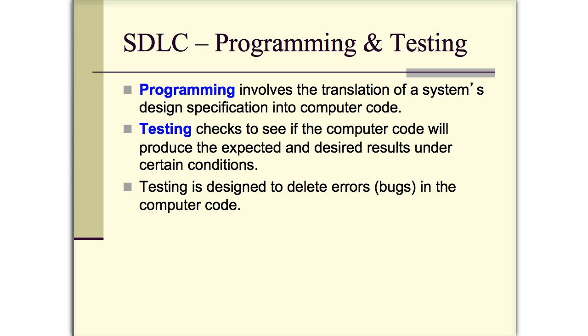You should definitely do testing at the very end when the whole system is complete, to make sure that it does what it's supposed to do and that you get the results you're supposed to. So what does the output look like? Is this what it's supposed to look like? What input is it taking? Things like that. Testing is where you're trying to get rid of bugs in the code.